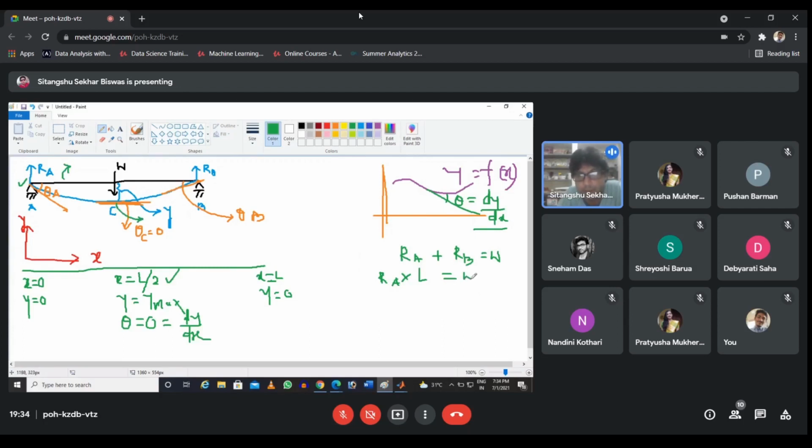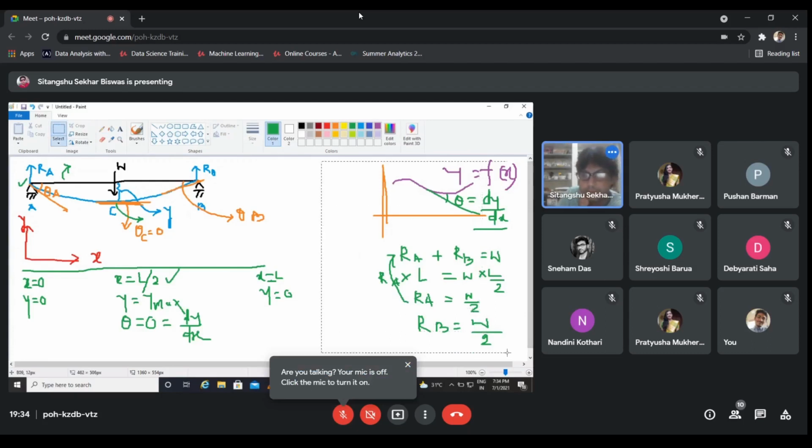So Ra will be W by 2. If I replace this Ra, you will get Rb also equal to W by 2. It is quite simple because the entire load is acting from the middle.